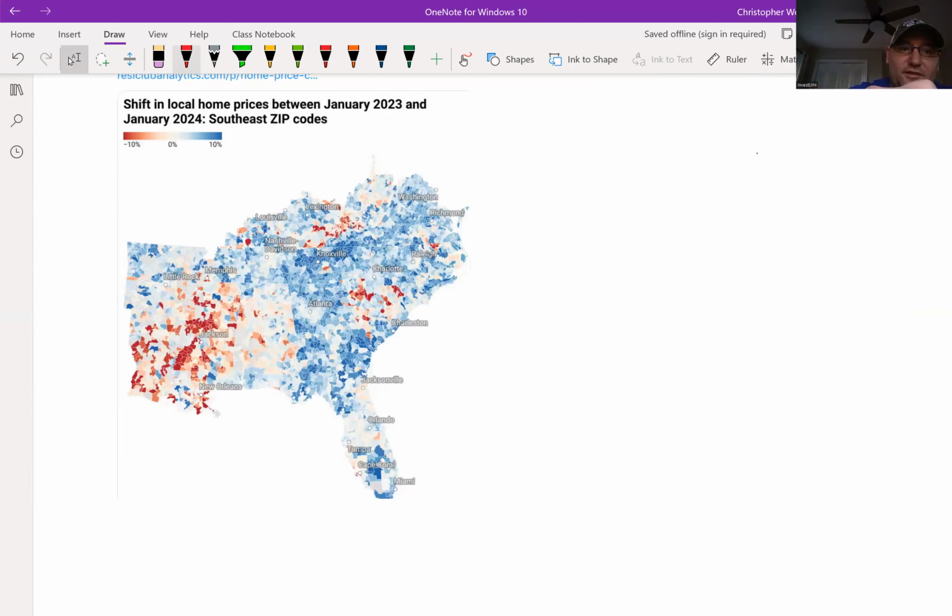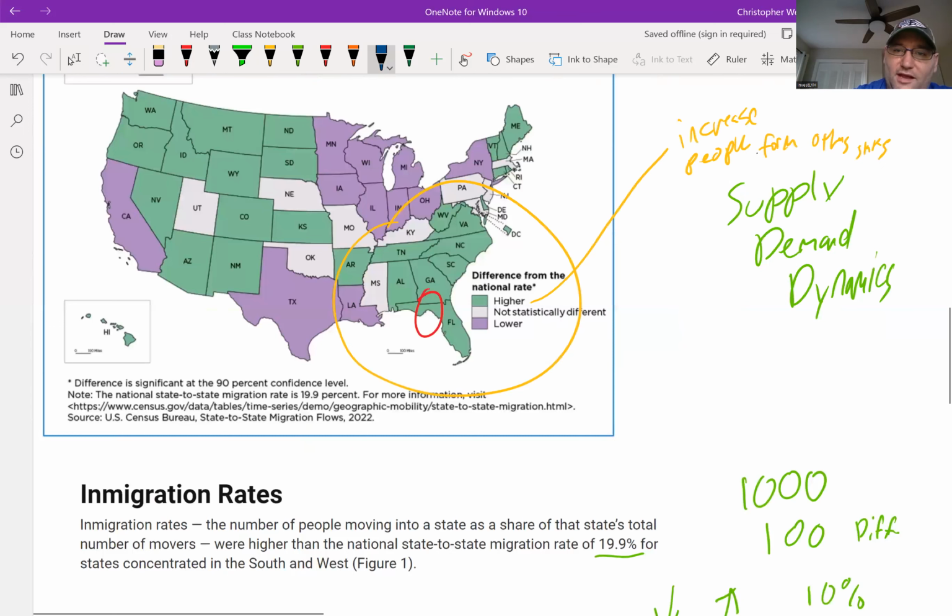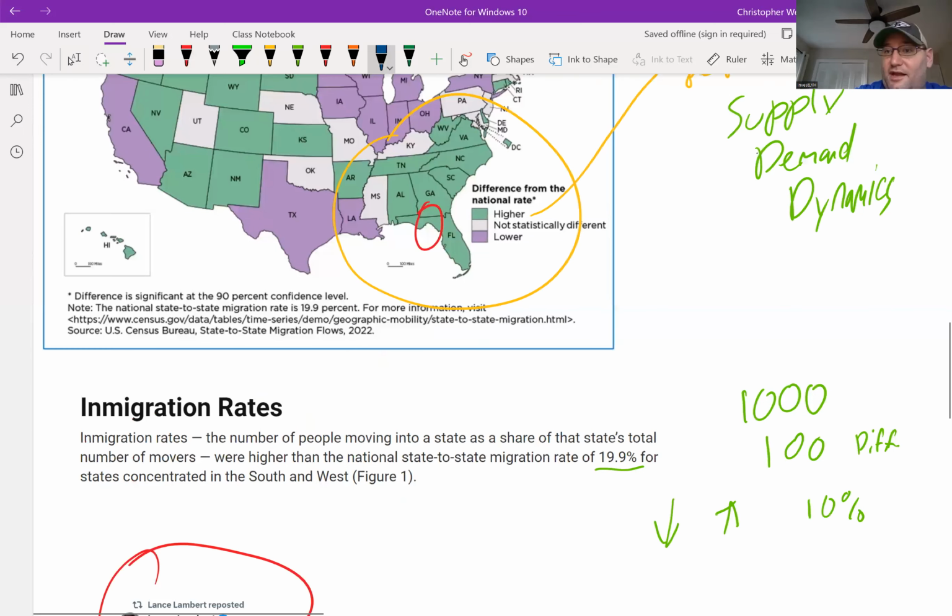What this map tells us is that the 10% here is in red, which means prices are declining. The 10% here is in blue, which means the prices are increasing. And when we come up to the map above, we see that all of these states have higher increases in immigration from other states, right?